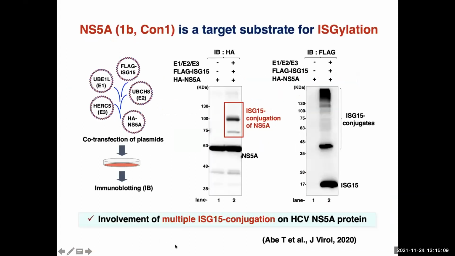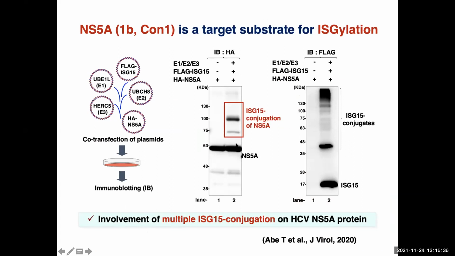In the beginning, he tried to identify which viral proteins are ISGylated, and he found that NS5A protein is ISGylated. As you can see here, NS5A protein is shifted in the presence of E1, E2, E3, and ISG15.